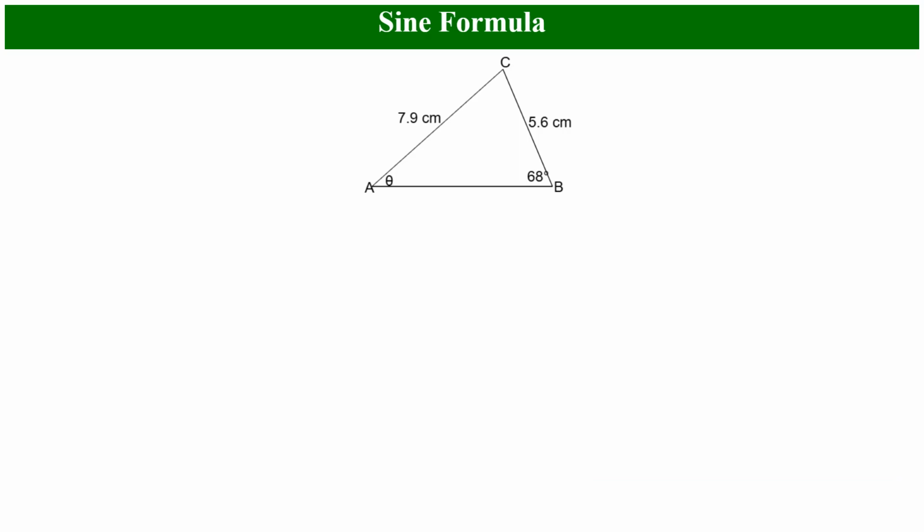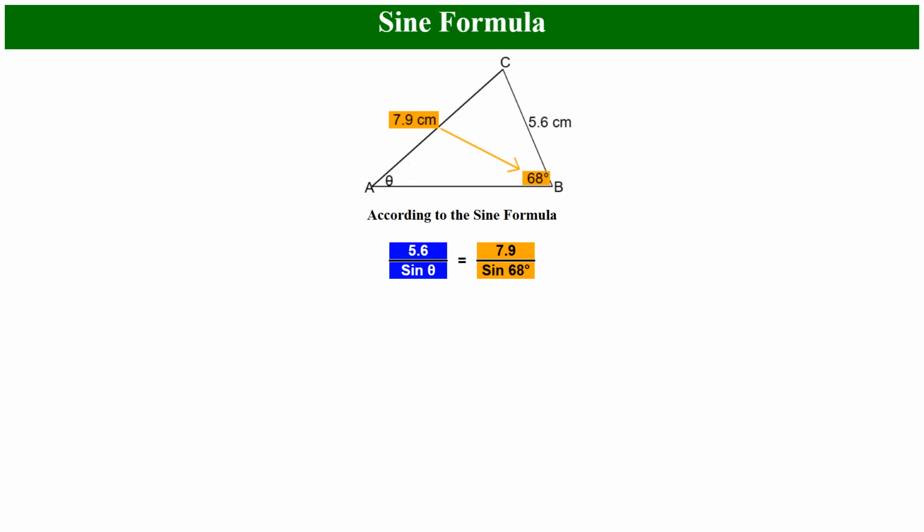So again, we'll write down the sine formula for this triangle. See if you can do it yourself before you stop the video. Anyway, it's this. It will be 5.6 divided by sine theta there, which is opposite the 5.6, is equal to 7.9 divided by the sine of the opposite angle, which here is 68 degrees.